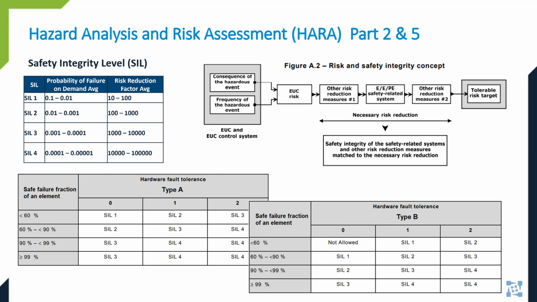Type A devices are very simple devices like actuators, valves, and relays, which are primarily mechanical in nature and with very deterministic behavior if a fault occurs. Type B devices are based on complex electronics with ASICs, CPUs, microprocessors, and complex software.